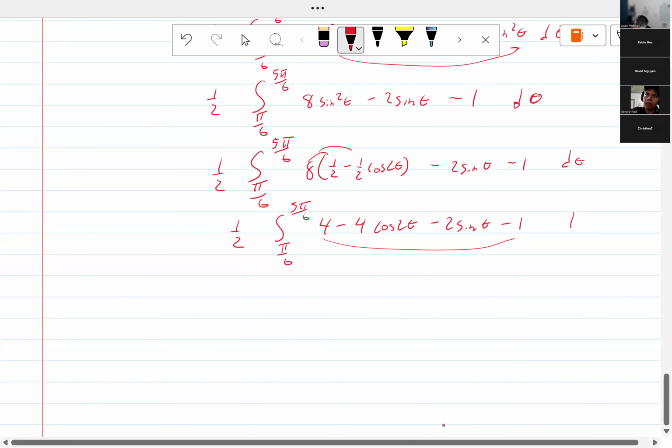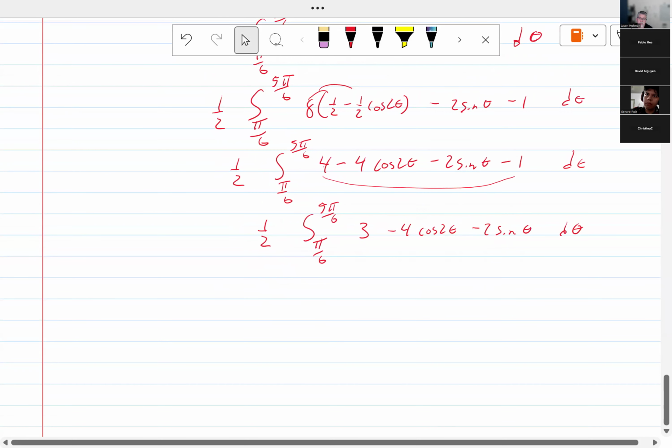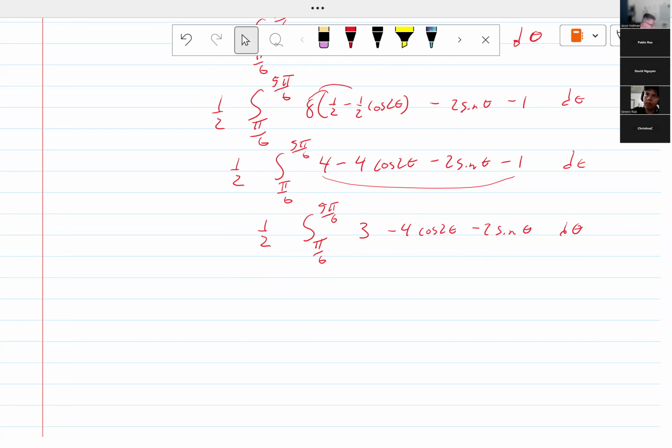We're going to get 1/2 from pi over 6 to 5 pi over 6 of 4 minus 1 is 3, so 3 minus 4 cosine 2 theta minus 2 sine theta d theta. We haven't even integrated yet. This is all just algebra getting it to a place where we can integrate.